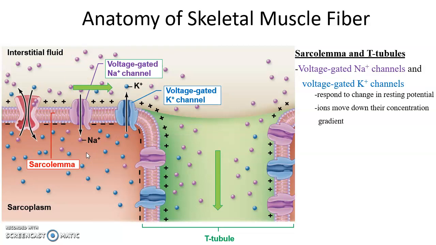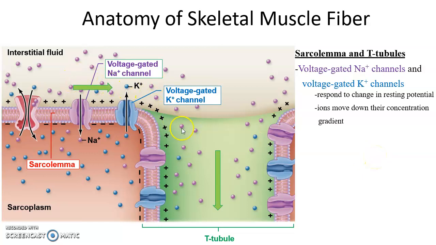This is what leads to the muscle action potential that will then travel the length of the cell and also travel down into the transverse tubules, going deeper into the cell. Then, slightly after that, the voltage-gated potassium ion channels will open. Potassium ions will flood from inside to outside of the cell, and this will end the muscle action potential and help to reestablish the original charge across the sarcolemma.